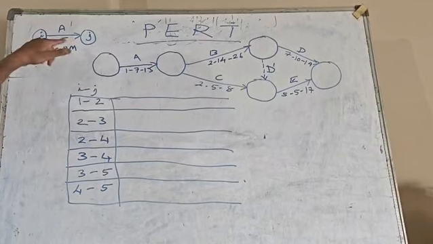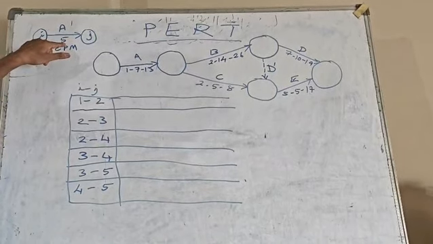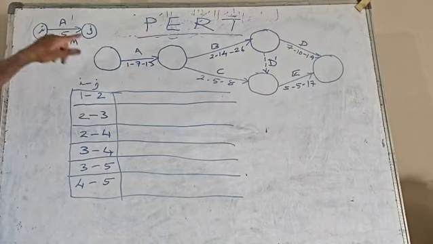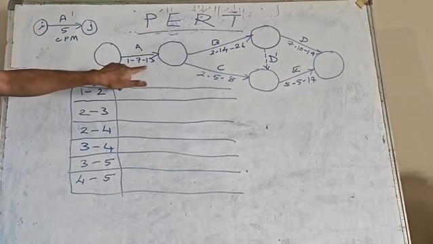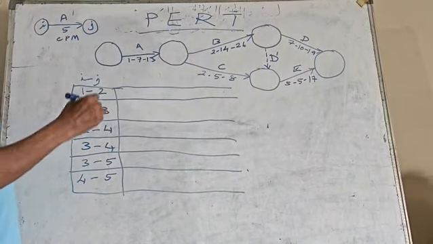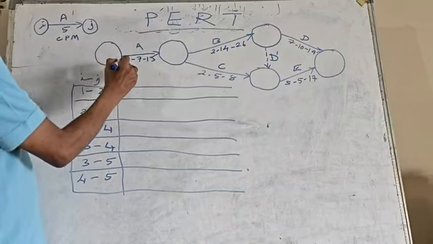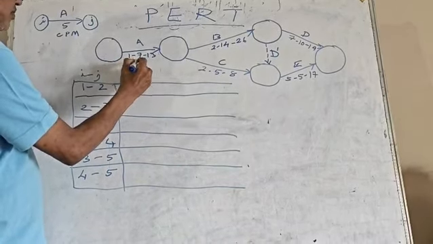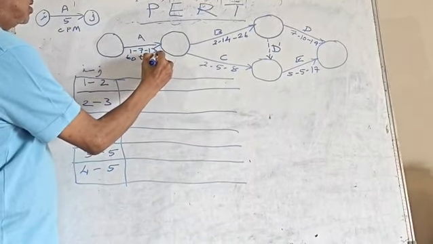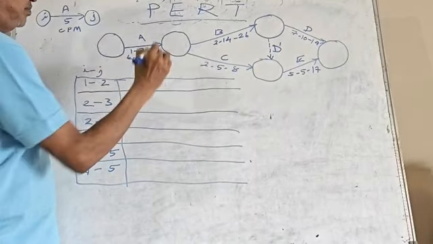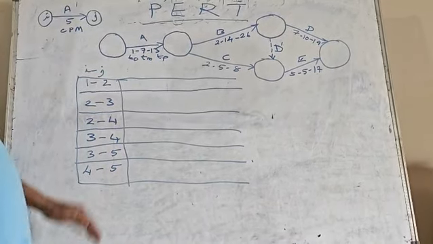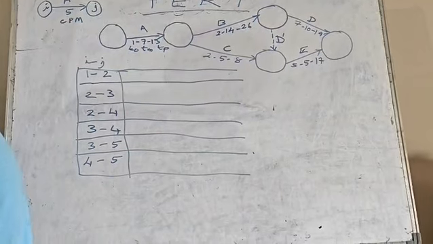The only difference between CPM and PERT is that here you have one time estimate, and here you have 3 time estimates. These 3 time estimates are called T0, Tm and Tp. They are given on the network or in tabular form.